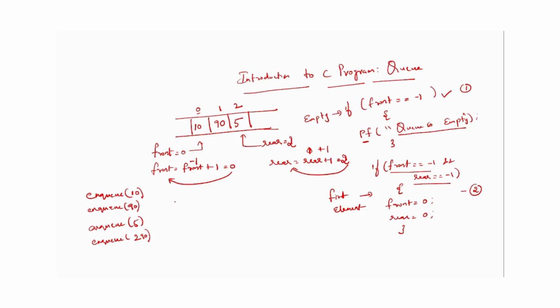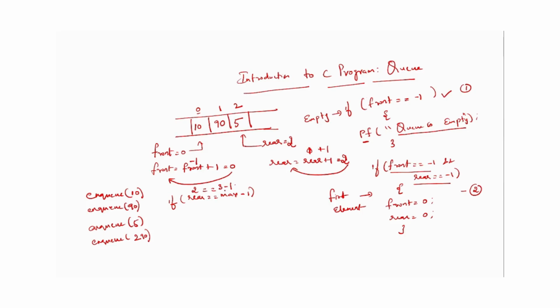So can I say like this? If rear equal to max minus 1. So what is rear here? 2. Equal to max minus 1. What is max? What are the number of elements? 3, right? 1, 2, 3. So 3 minus 1 is nothing but 2. If rear equal to max minus 1, here 2 equal to 2, right?